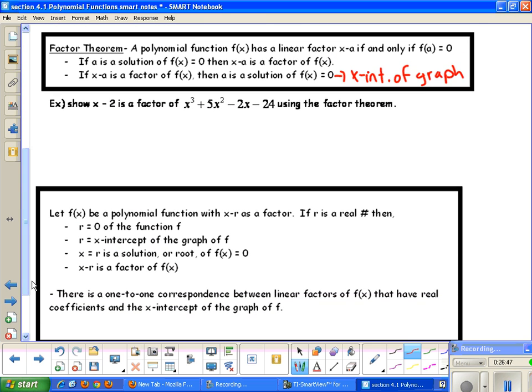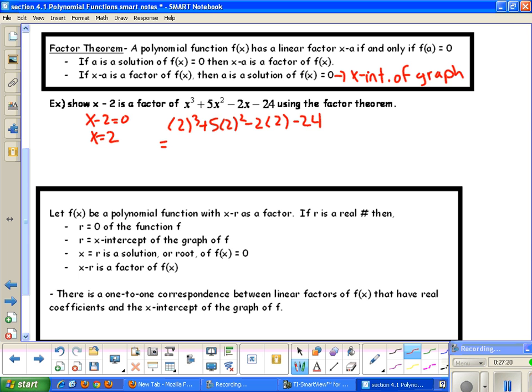So the next example says show x minus 2 is a factor of this polynomial using the factor theorem. For the factor theorem, that means if we take x minus 2 equal to 0, x would be equal to 2, and I'm trying to figure out if I'm going to get a remainder of 0. So all I need to do is plug it into my equation. I would get 2 cubed plus 5 times 2 squared minus 2 times 2 minus 24, and if I get 0, then I know it's a factor by the factor theorem.